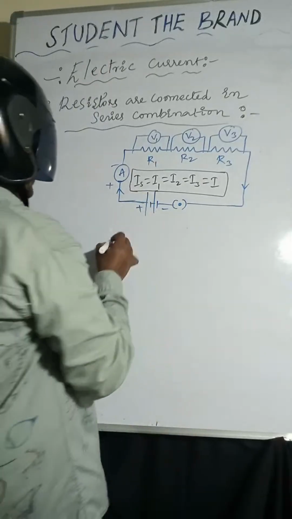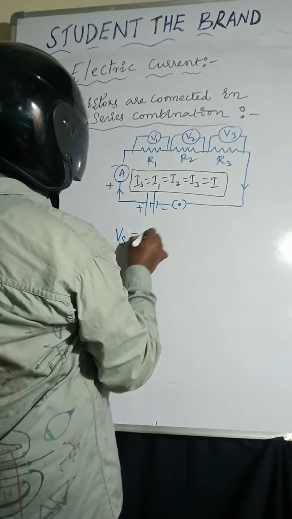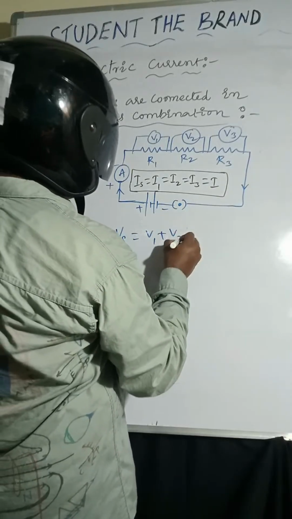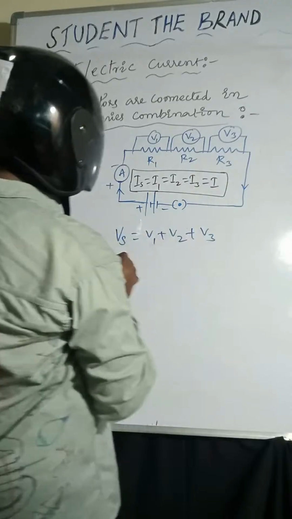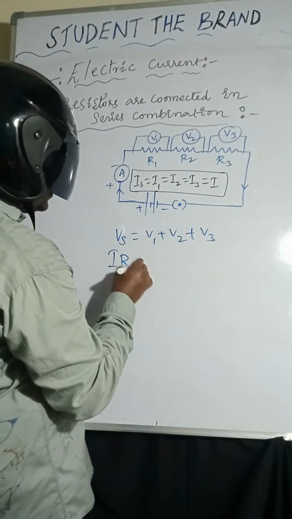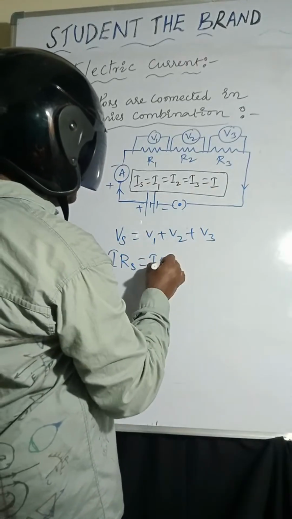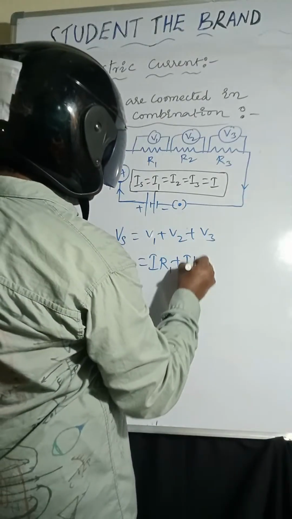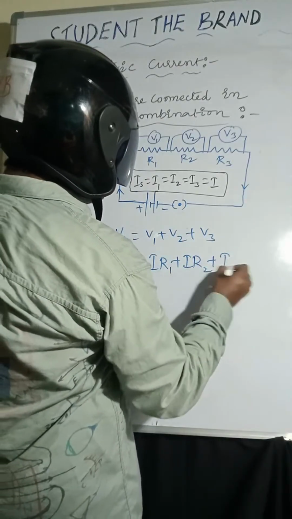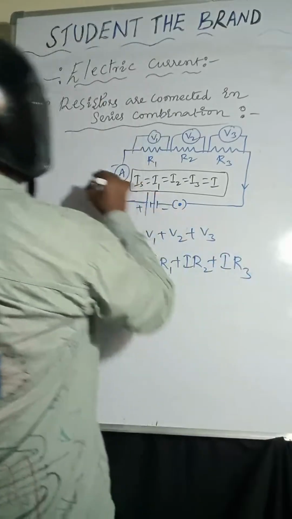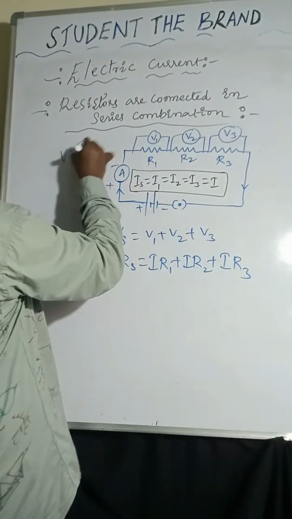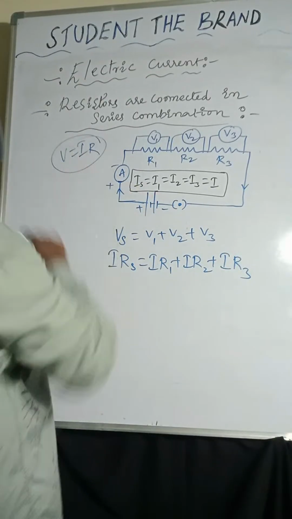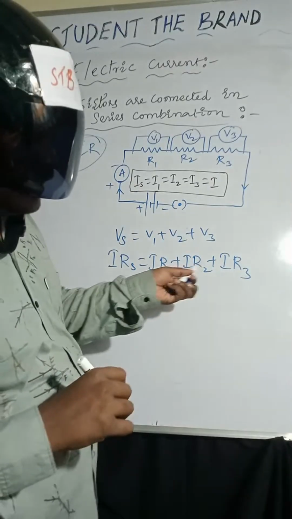Now you can see Vs equal to V1 plus V2 plus V3. So that is nothing but IRs equal to IR1 plus IR2 plus IR3. This formula I took from Ohm's law, V equal to IR. Since I is the same, I am taking I common.